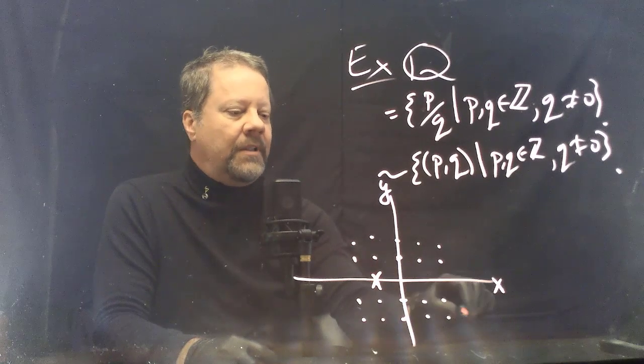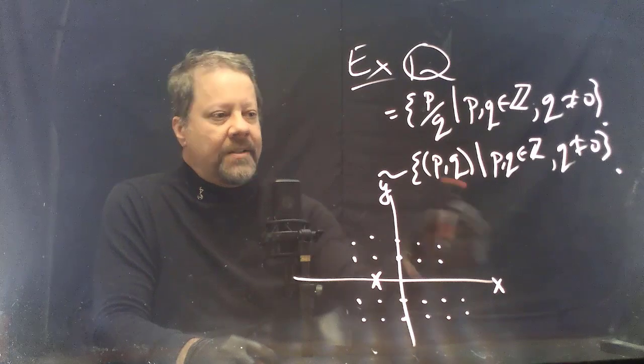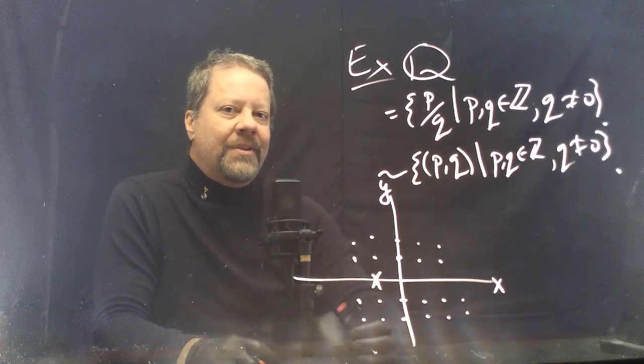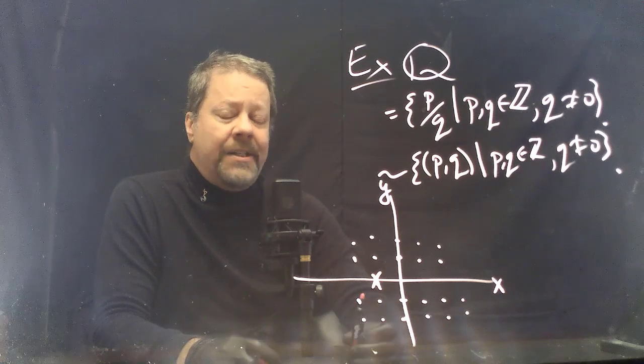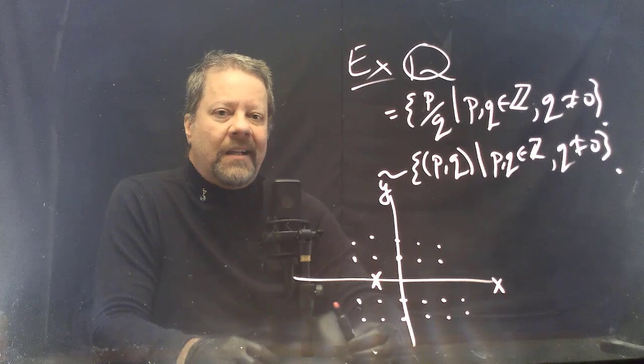And these points, then, we can demonstrate pretty easily, have a one-to-one and onto, a bijective correspondence with the set of natural numbers.